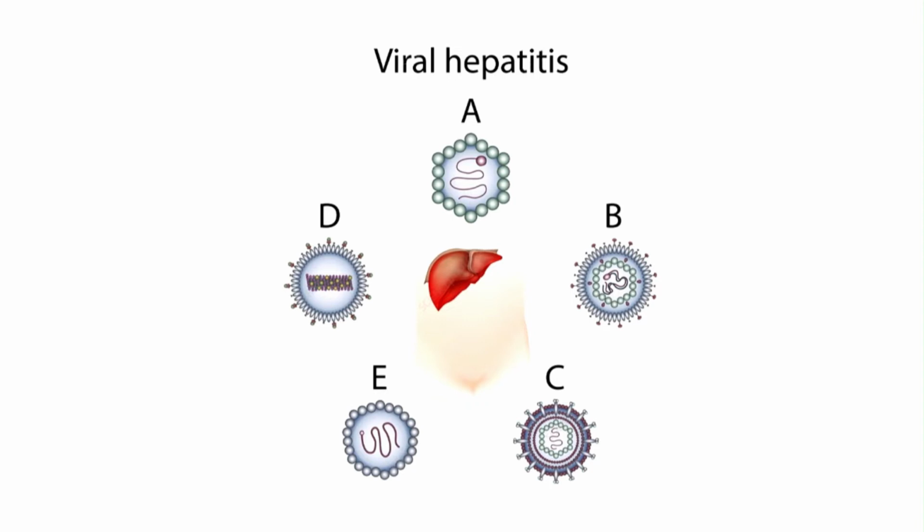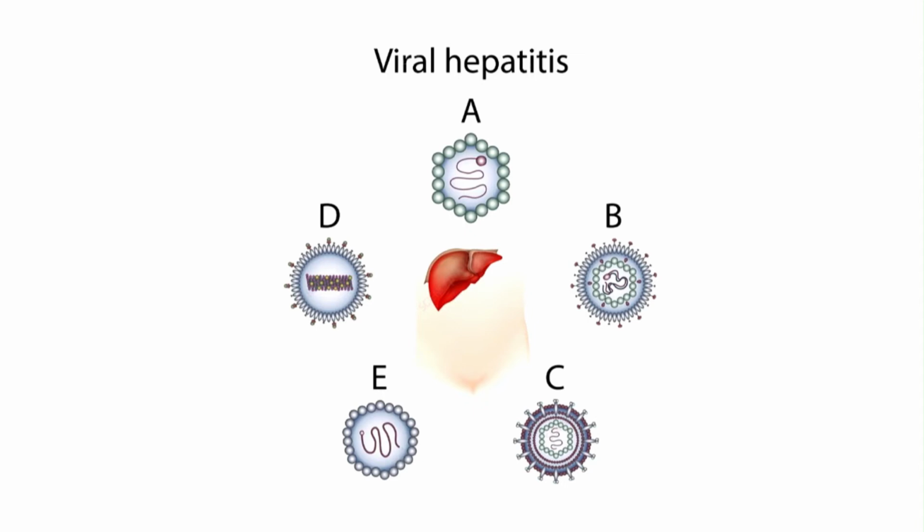From the genetic point of view, these viruses are different. But when you look at the clinical manifestations of these infections, whether A or B or C, all of them give the same clinical manifestation. So there is fever, fatigue, anorexia, vomiting, and so on. All of these clinical manifestations.